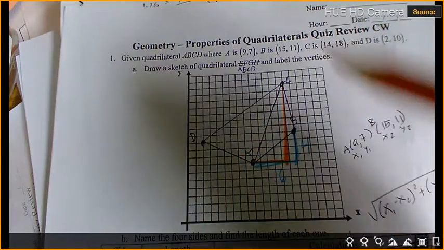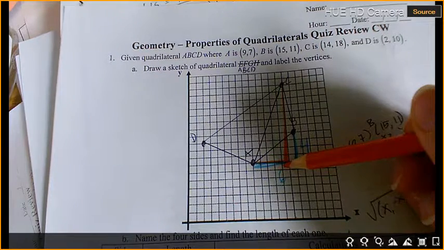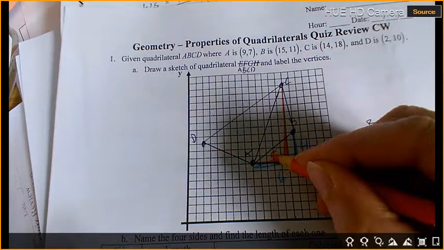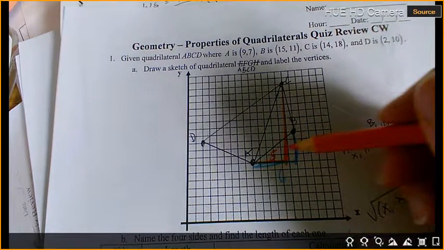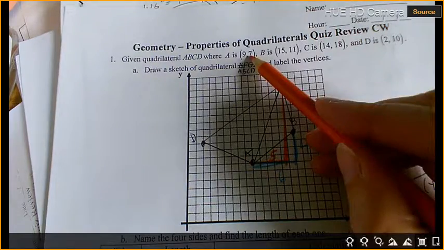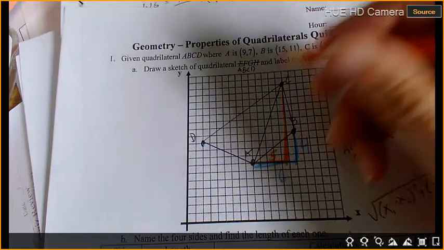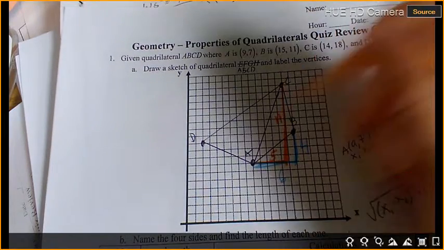So if I'm going from A over to C, 9, 10, 11, 12, 13, 14, that's 5. If I'm going up, that's from 7 to 18. Go up 11.